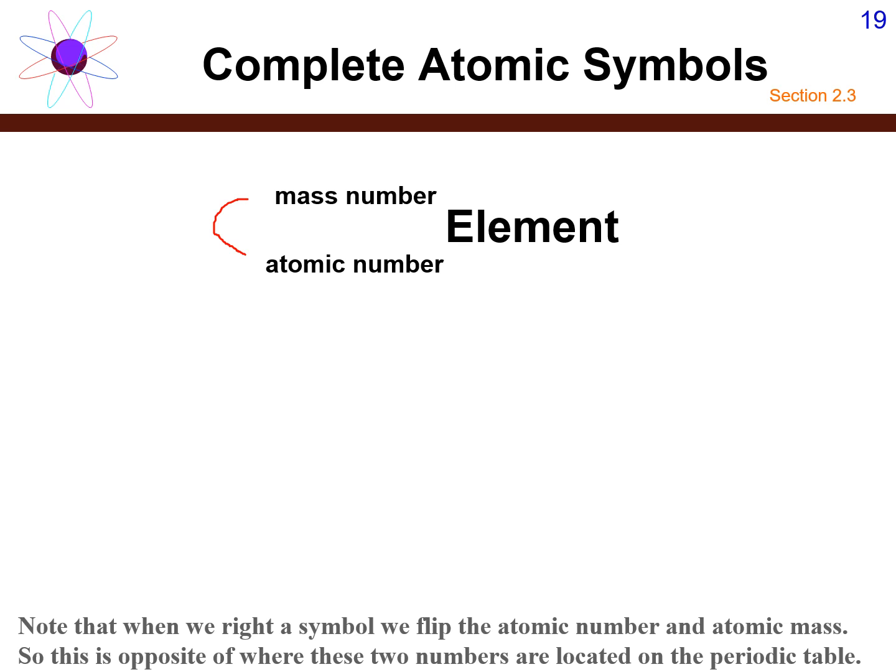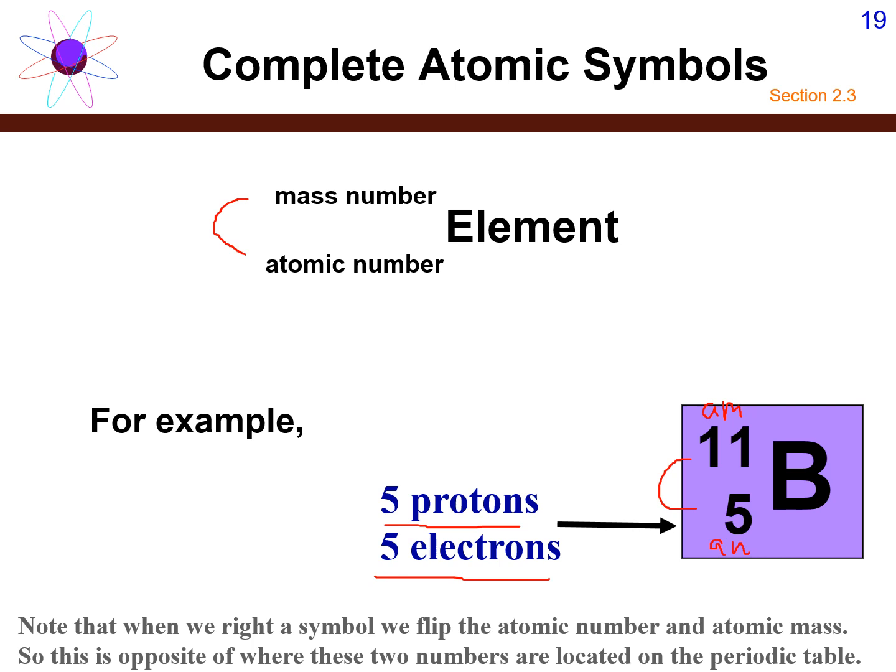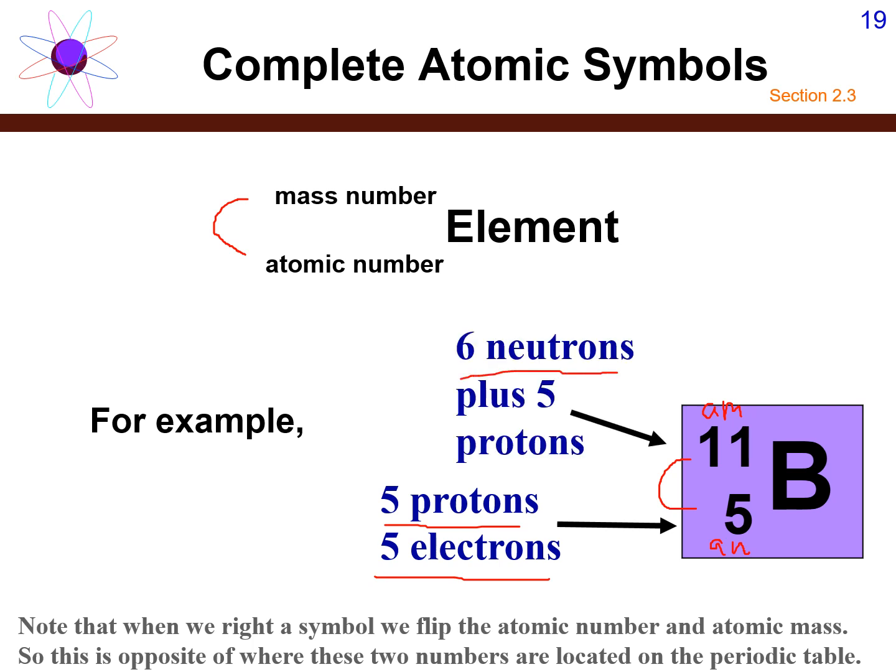But when we write an element, for example, boron, we actually flip these two, where this is now our atomic number and this is our atomic mass. So that's opposite of what you'll see on a periodic table. So just keep that in mind. And so what this is telling us is that there are 5 protons and 5 electrons in boron, and there are 6 neutrons.